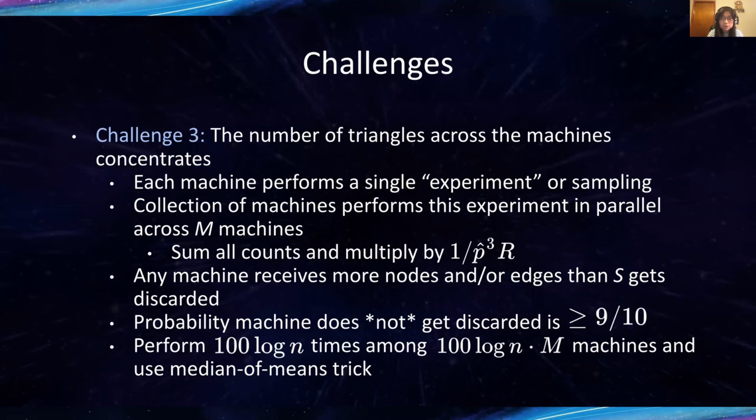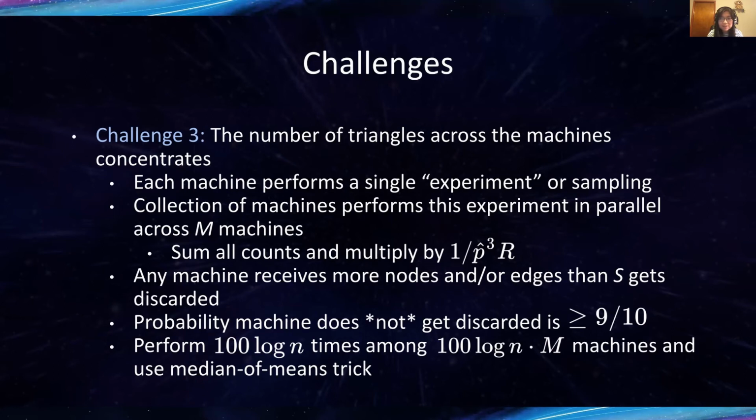Any machine which receives more nodes and edges than S gets discarded, and its count does not count towards the total. The sum of the counts of all machines except those that were discarded is multiplied by 1 over p cubed times r, where r is the set of machines that were not discarded.